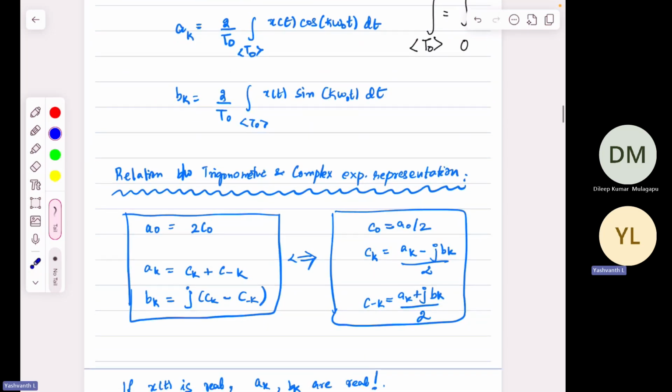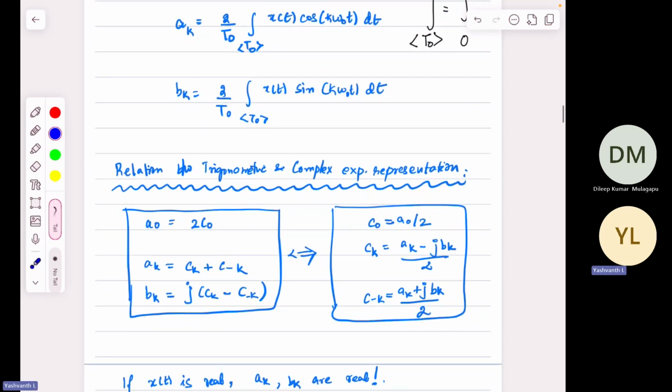Now, there are two types of representation. What is the relationship between these two representations? It turns out that if you have the complex exponential Fourier series representation, you can find the trigonometric Fourier representation directly. Or if you have the trigonometric Fourier series representation, you can also readily write the complex exponential Fourier series representation.